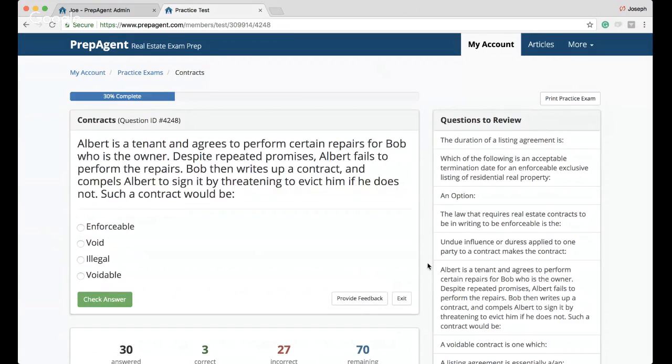Ooh, a long one. Albert is a tenant and agrees to perform certain repairs for Bob, who is the owner. Despite repeated promises, Albert fails to perform the repairs. Bob then writes up a contract and compels Albert to sign it by threatening to evict him if he does not. Such a contract would be enforceable, void, illegal, or voidable.